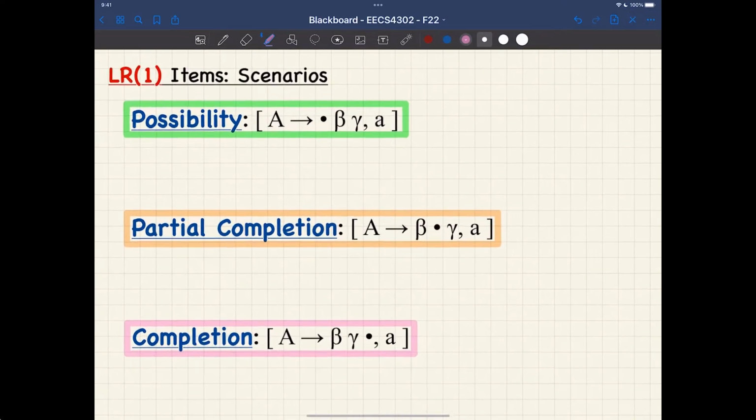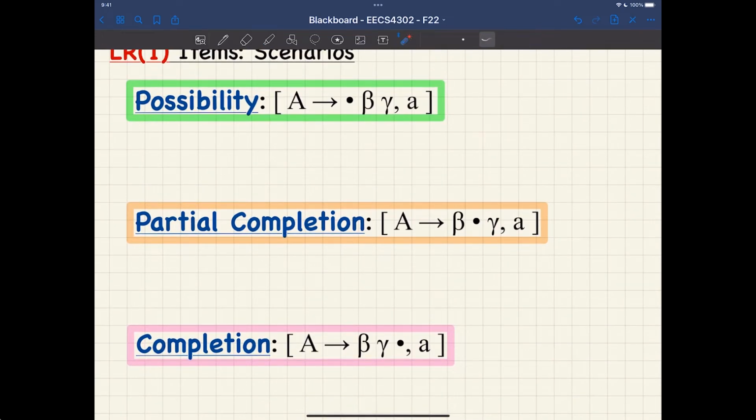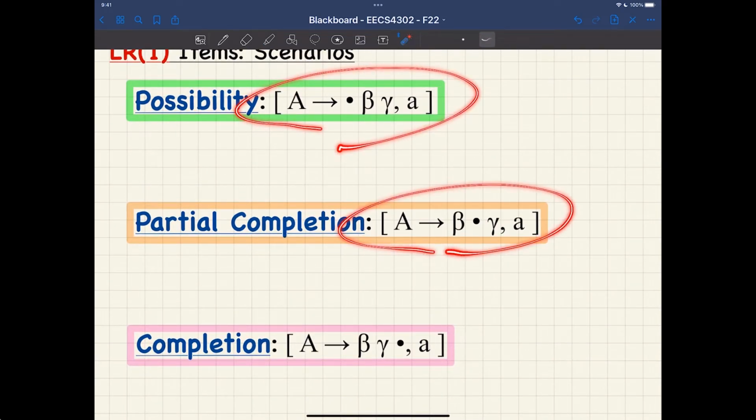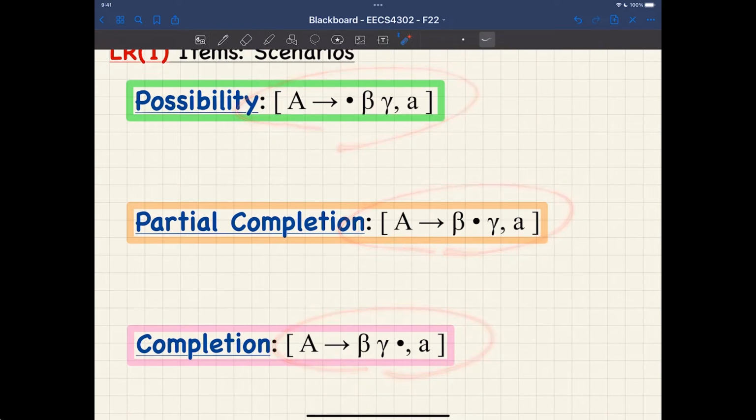Why don't you just stare at this one, and this one here. They look similar, but they are not the same. Stare at that for one minute, and then I'm going to explain quickly how to understand them. And then we'll do some exercises.